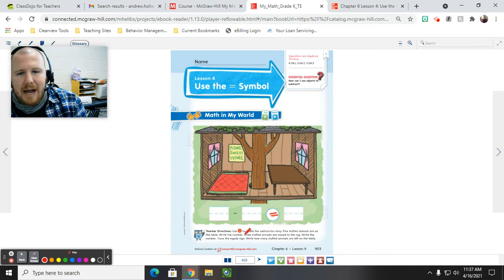So it says use dots to model subtraction story. Okay, so let's go to our smiley face stickers. So we have 1, 2, 3, 4, 5 friends playing in the treehouse. Okay, so I'm going to write 5.